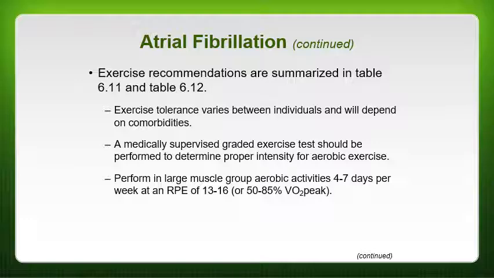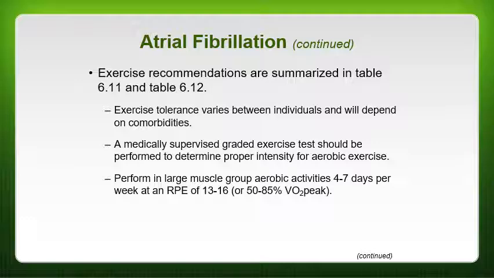Here are your general recommendations for your aerobic activities: a rating of perceived exertion of 13 to 16. It would be a good idea to really familiarize yourself with the whole concept of a rating of perceived exertion, particularly if you're going to be working with these special populations, because many times it ends up being almost a better marker.